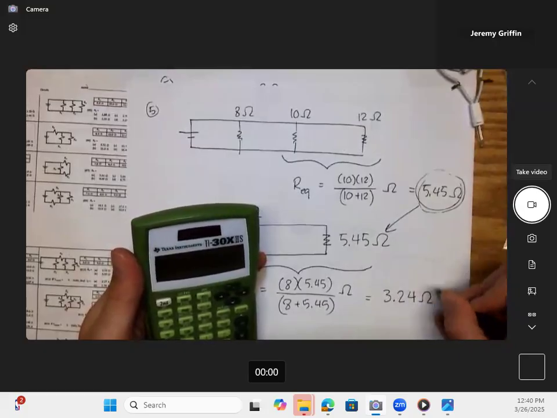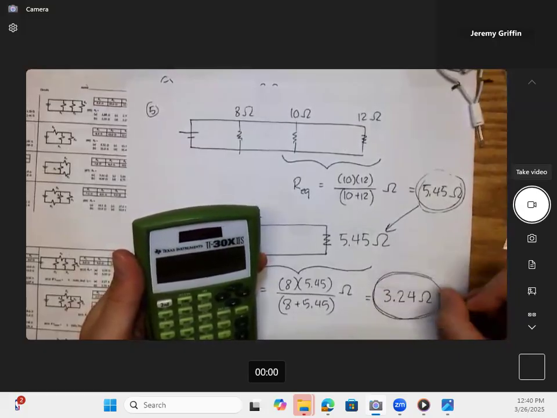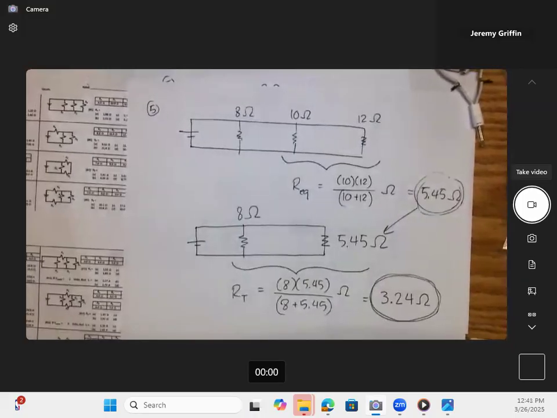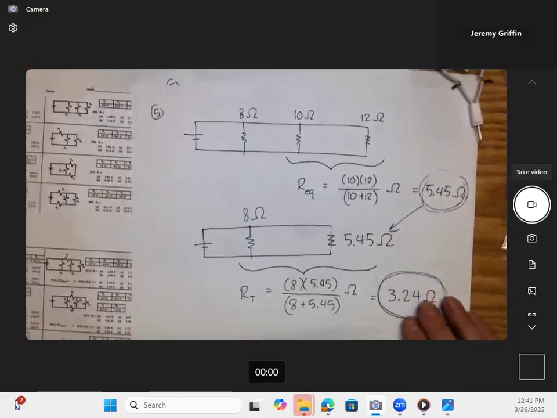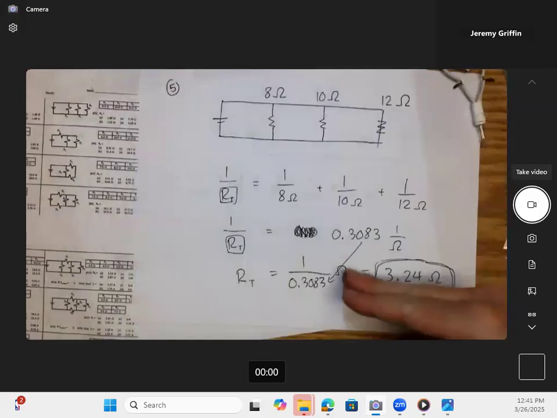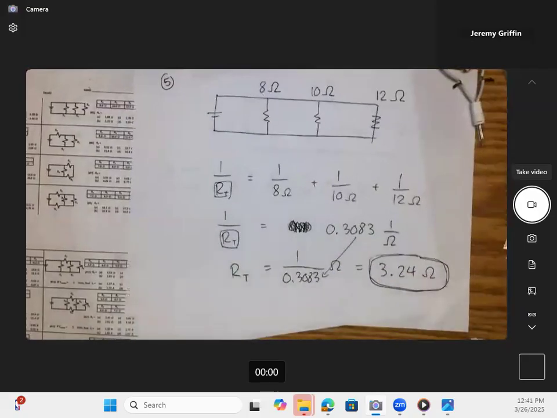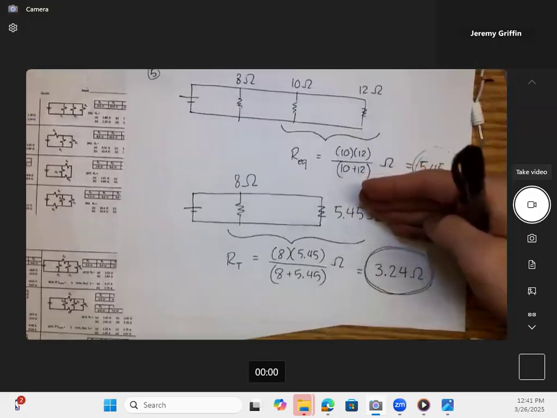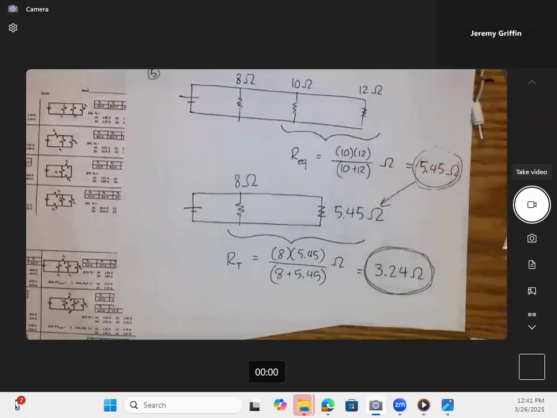Of course, it was going to be the same, but now you know for sure. And of course, you guys have different numbers, but you got the same multiple choice answer. That worked out for you guys. So one way we just did the fraction method and got the correct answer. And the other method we did product over sum, but we had to break that down into smaller parts and set up equivalent circuits and still got the same answer.